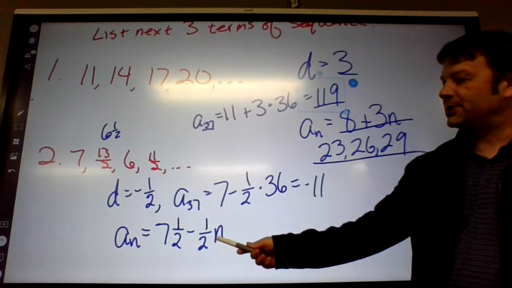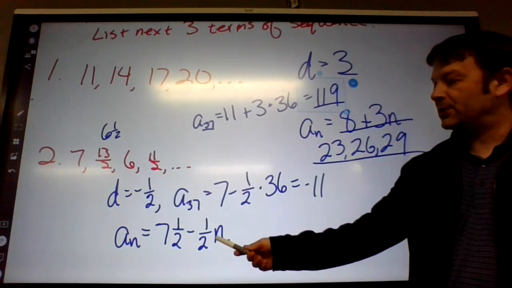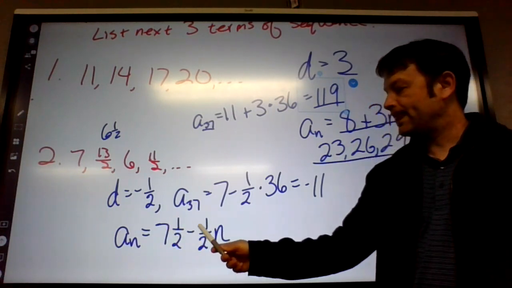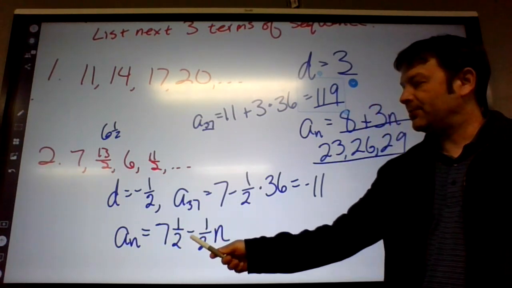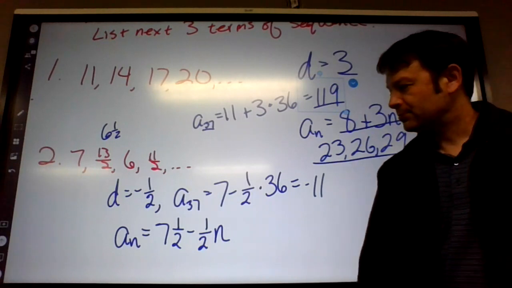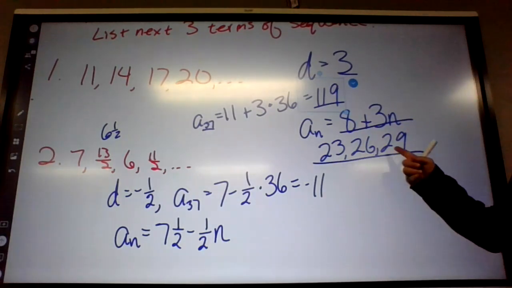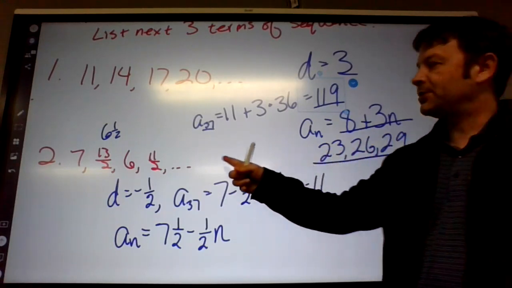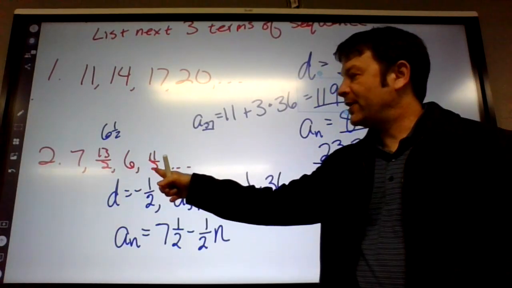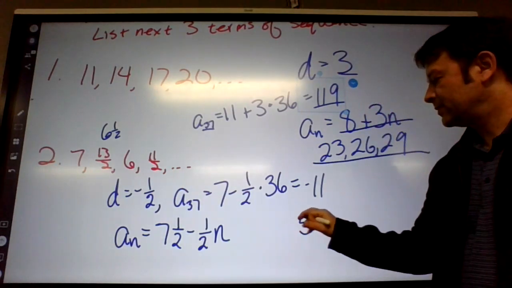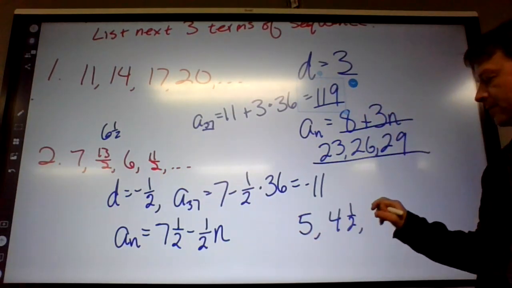So all explicit arithmetic sequence formulas look kind of like this, like plus something times n or minus something times n. Oh, there's one more question. What would come next? So this is like 6, 5.5, 5, 4.5, 4.